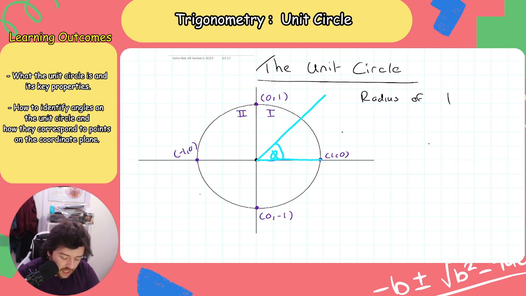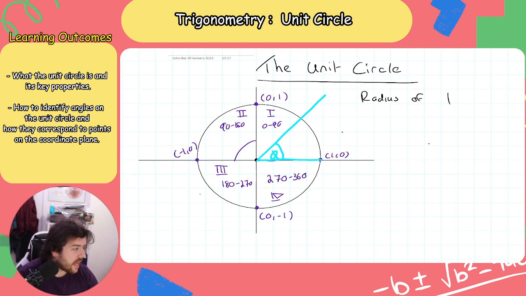My second quadrant contains degrees from 90 to 180. In my third quadrant, it contains the degrees from 180 to 270. And then finally, in my fourth quadrant, it contains the angles 270 to 360.